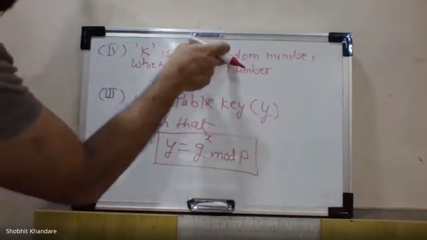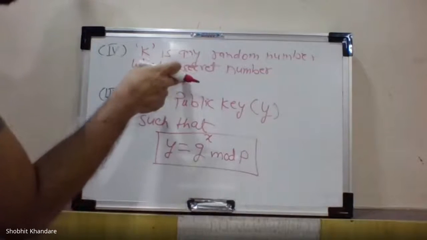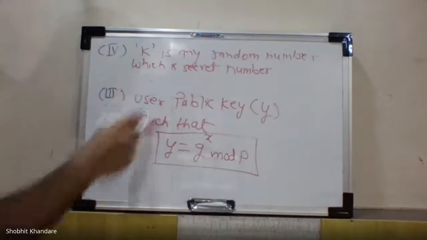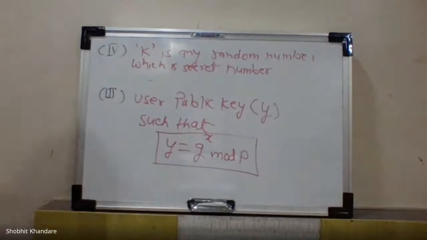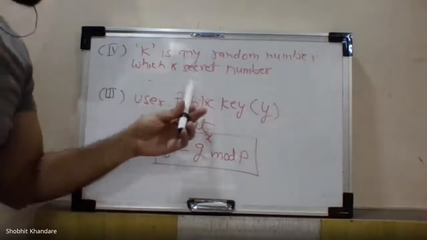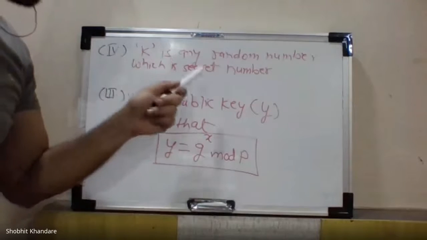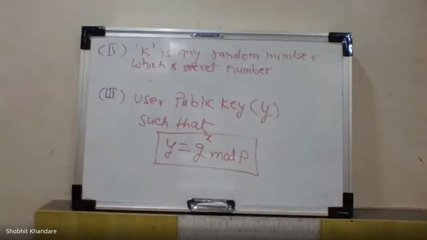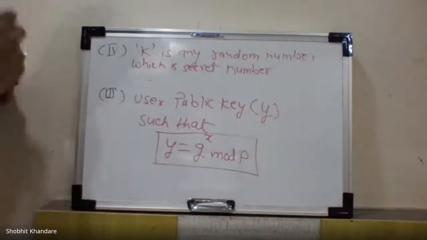Even though I have to take a random number, it is the discretion of this particular user to select this k. That is why it is called a secret number.